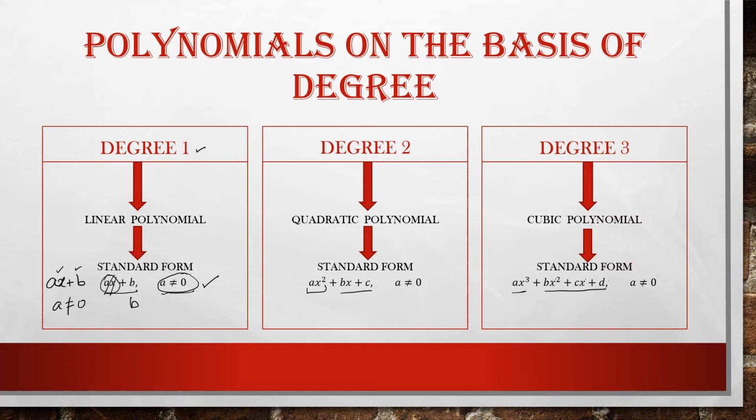Maximum 2 terms can be there. 2 से कम हो सकती है, 2 से ज़्यादा नहीं हो सकती. अब अगर डिग्री 2 है, so how many terms are there? 1, 2, 3. अब maximum terms can be 3. ठीक है, अगर डिग्री 2 है तो जो टर्म्स हैं ये मैक्सिमम 3 हो सकती हैं, 3 से कम हो सकती हैं, 3 से ज़्यादा नहीं होंगी. सो मैक्सिमम 3. Degree 3, number of terms are maximum 4. Maximum 4 terms can be there. ठीक है, 4 से कम हो सकती है, 4 से ज़्यादा नहीं हो सकती.